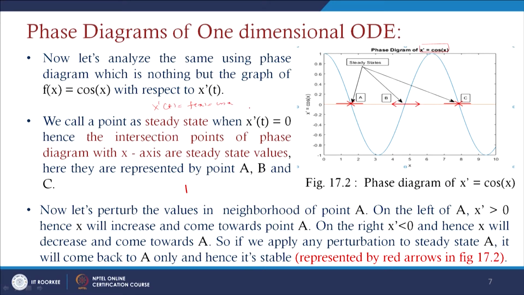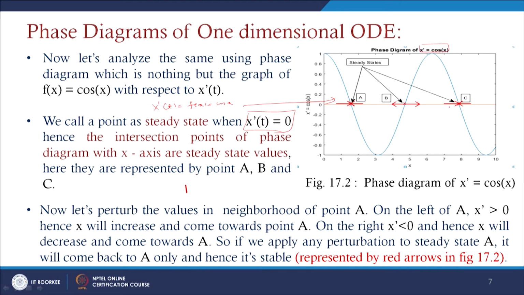We call a point a steady state since at that point we assume x dash t equals 0. Hence, the intersection of the phase diagram with the x axis gives you the steady states.